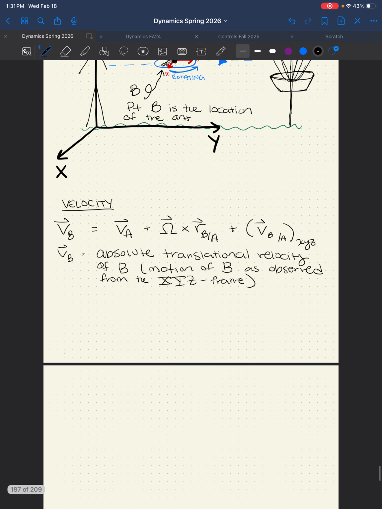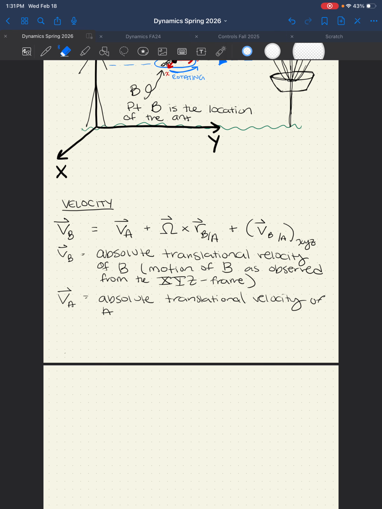Okay, so that's that wild and crazy motion that you see as the disc golfer. All right, VA is very similar. This is the absolute translational velocity of A, yada, yada, yada. Same as for B.